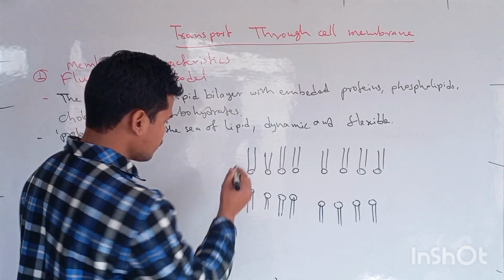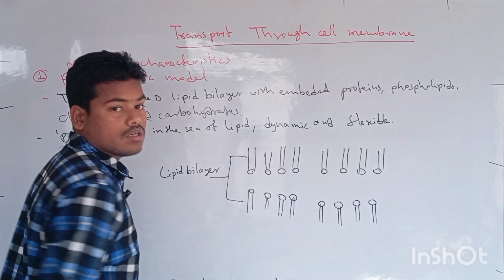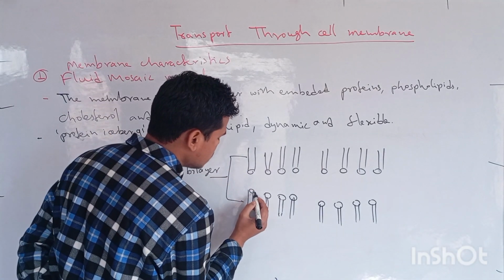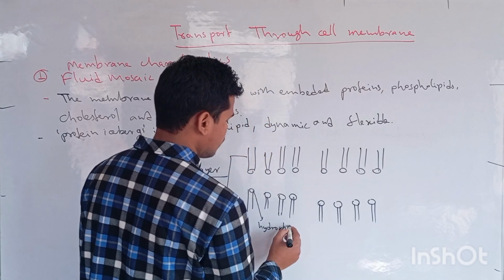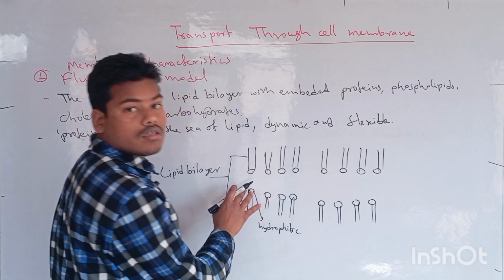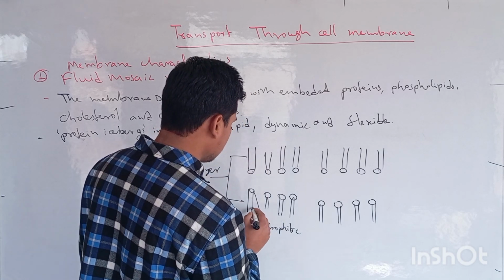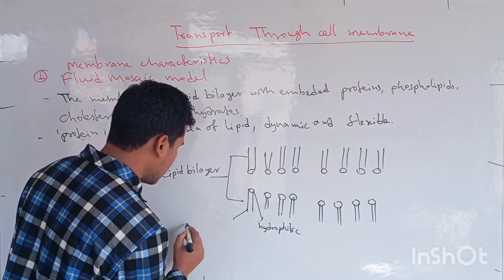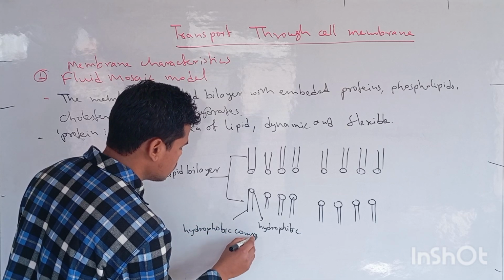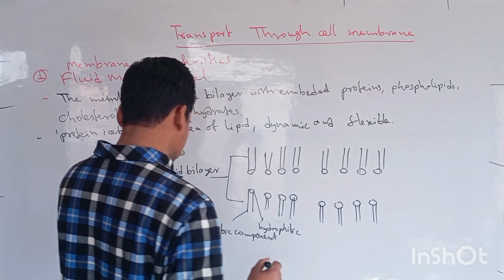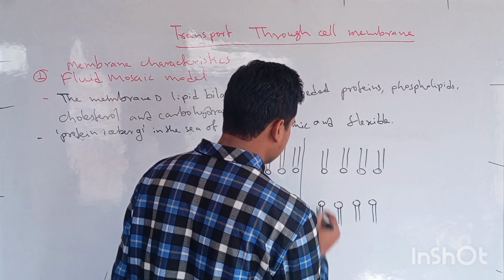This is the lipid bilayer, and in the lipid bilayer this head is mainly the hydrophilic component, that will allow or try to diffuse water soluble substances or water, and this tail will be the hydrophobic component.